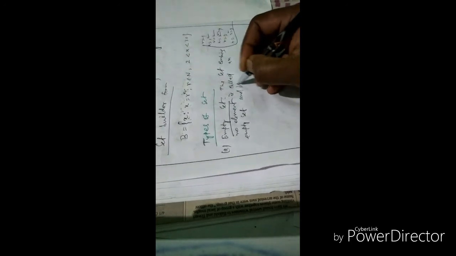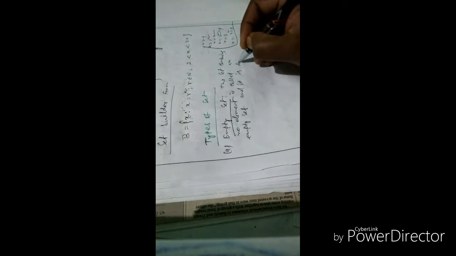It is denoted by phi or curly brackets. There is no element inside the curly brackets, so we denote the empty set by phi or curly brackets.